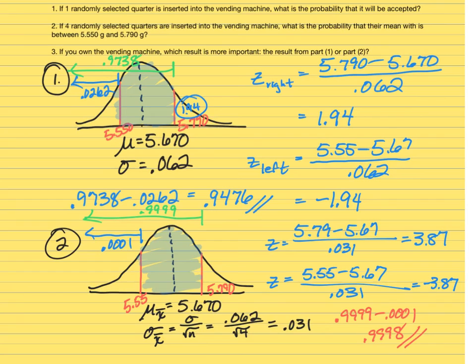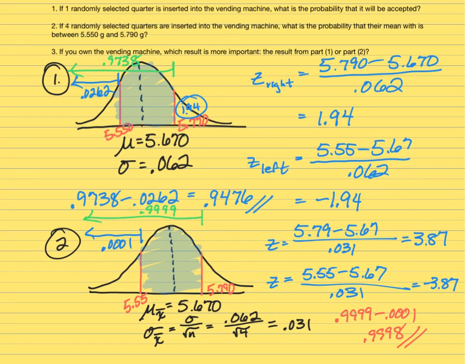All right, so the third question. If you own the vending machine, which result is more important, the result from 1 or 2? My belief is that the result from 1 is more important, because you're worried about individual quarters in that machine. Every quarter is weighed on its own merits. You want to accept a quarter or not accept a quarter. You don't want to accept 4 quarters based on their average being in a certain range.